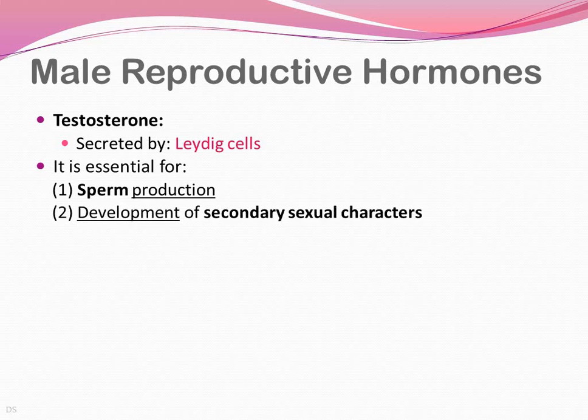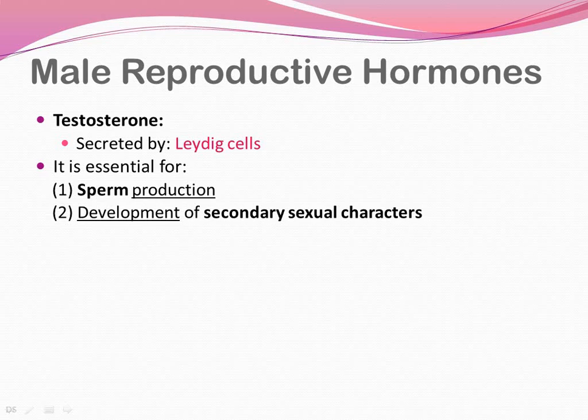Okay. Second one is development of secondary sexual characteristics. Apart from the physiological changes in the testis related to spermatogenesis, which you call primary sexual changes, there will also be many signs which you can consider as development of secondary sexual characters.